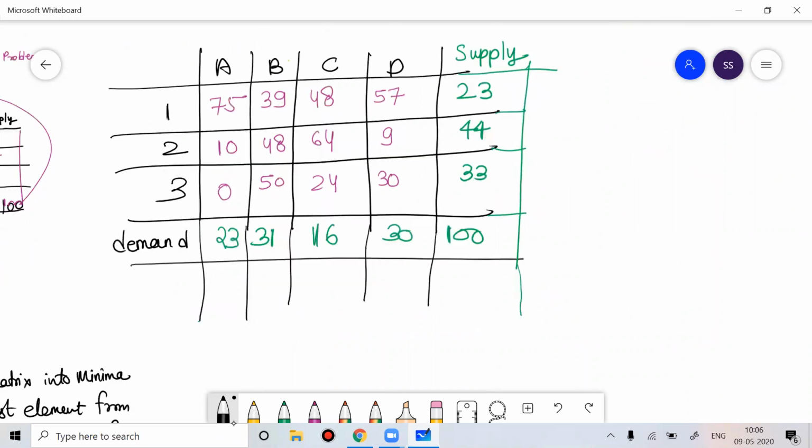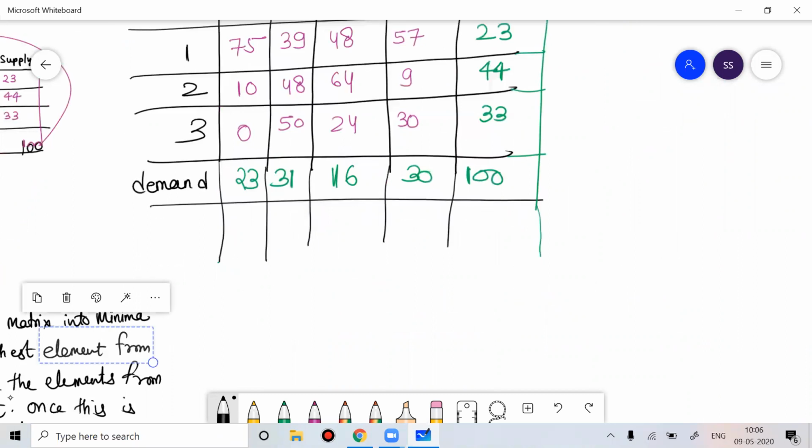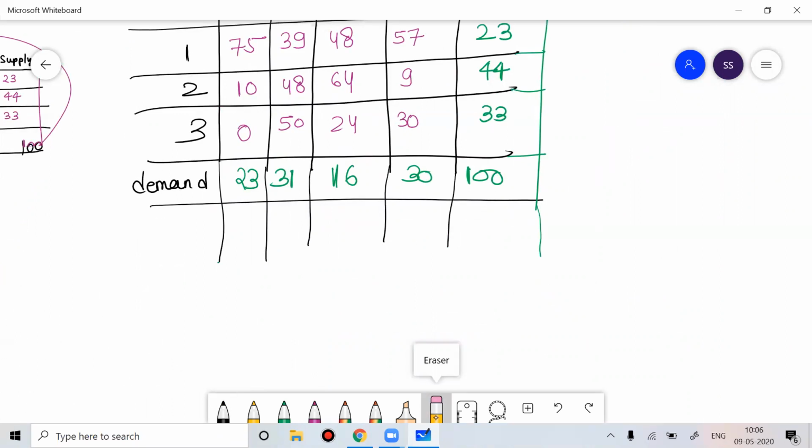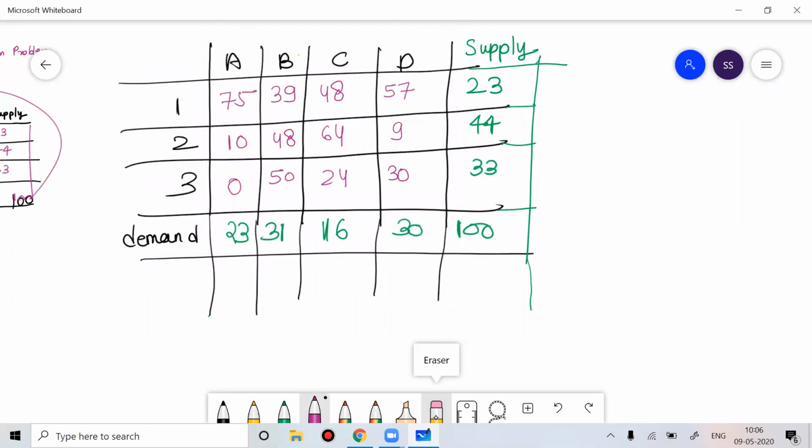So now if I want to use Vogel approximation method, let me delete this. So everyone use Vogel approximation method. We'll find the penalty for every row and column.